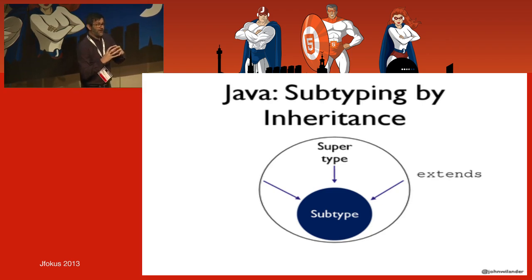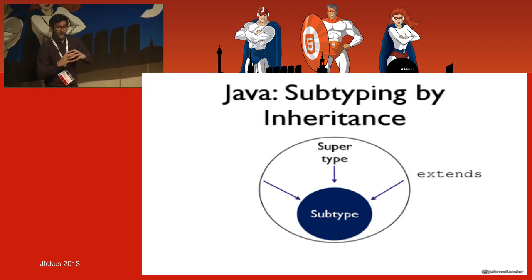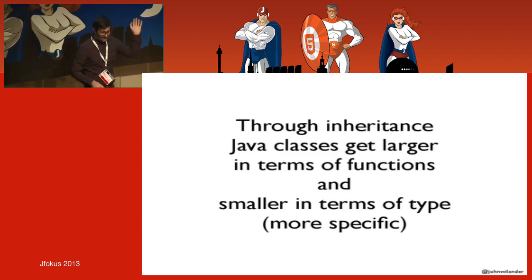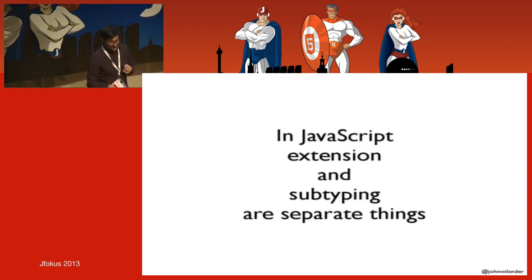So when we're doing inheritance in Java, we're expanding or extending functionality and state and being more specific and being smaller in terms of type. I just have a summary of that here. Through inheritance, Java classes get larger in terms of functions and smaller in terms of type, in the sense of more specific.